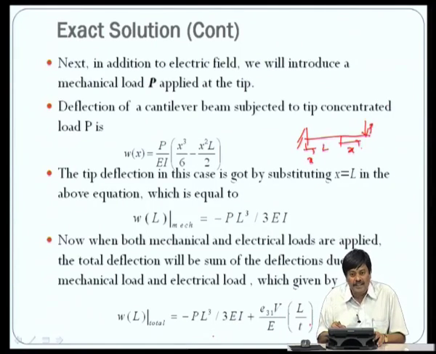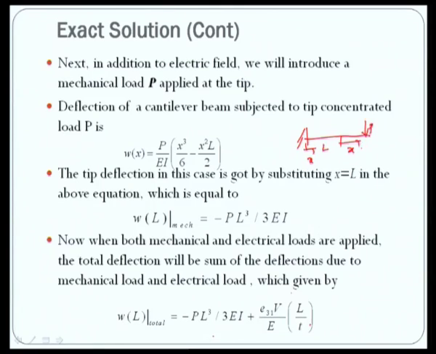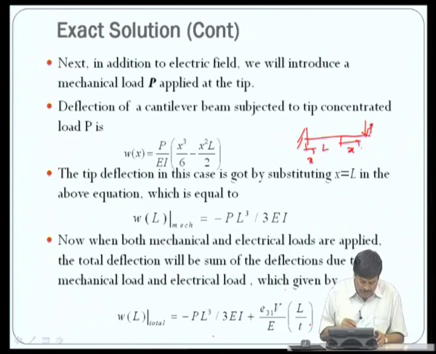We see that the electrical deflection opposes the mechanical deflection. So when we increase the voltage V, it decreases the total deflection to such a level that we can choose a voltage which will make the total deflection 0, and that is precisely the actuation that we are talking about.